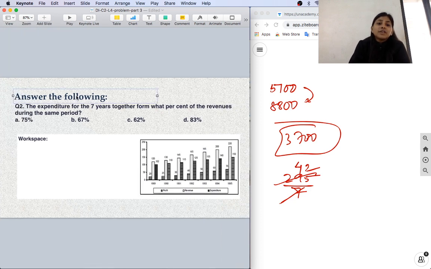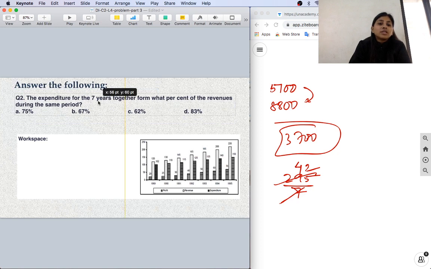The expenditure of 7 years together forms what percentage of revenue during the same period?